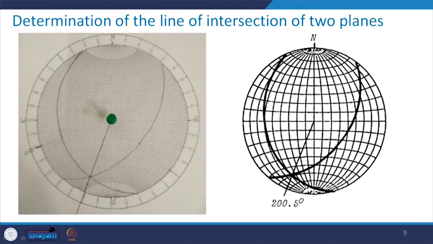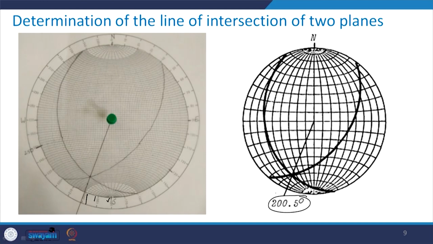Now, you see wherever this line is intersecting the circumference, that is here, can you read it? This is 180 degrees, 190, this is 200 and a little bit ahead of the 200. So, this is 200.5.